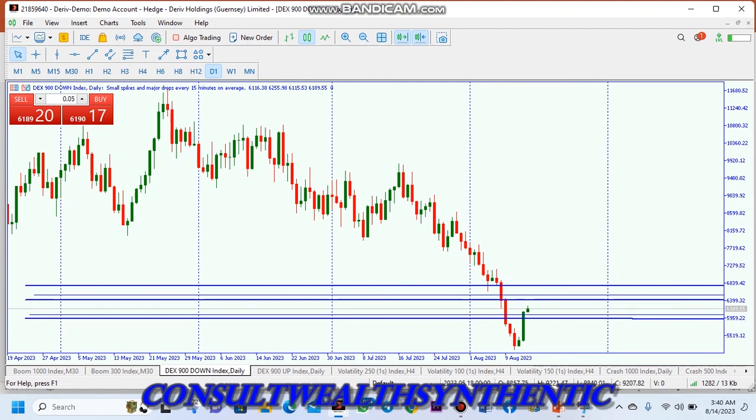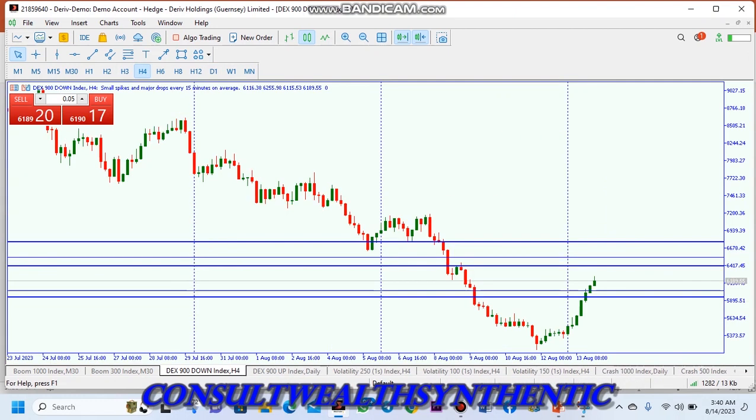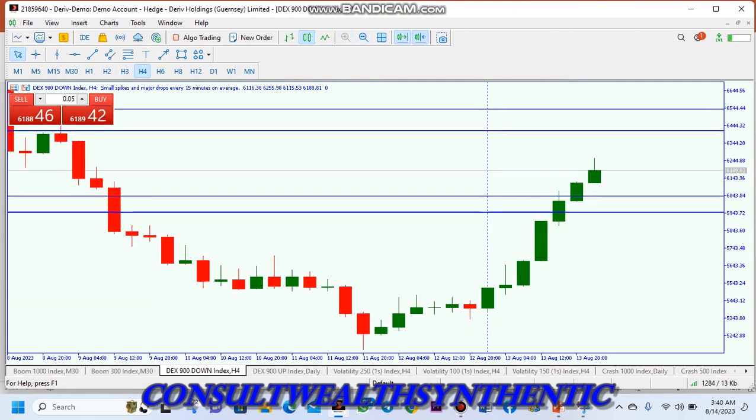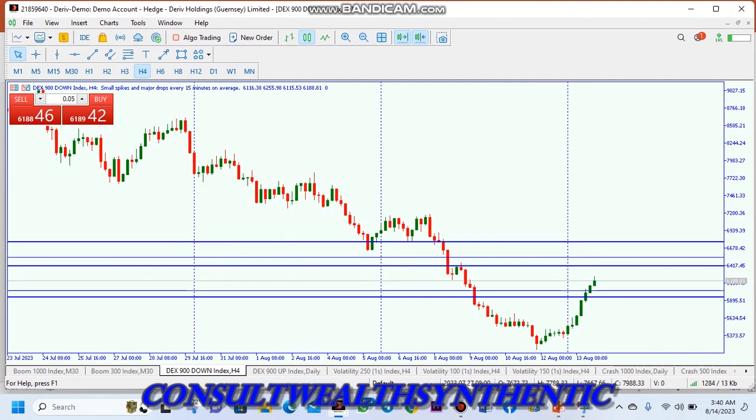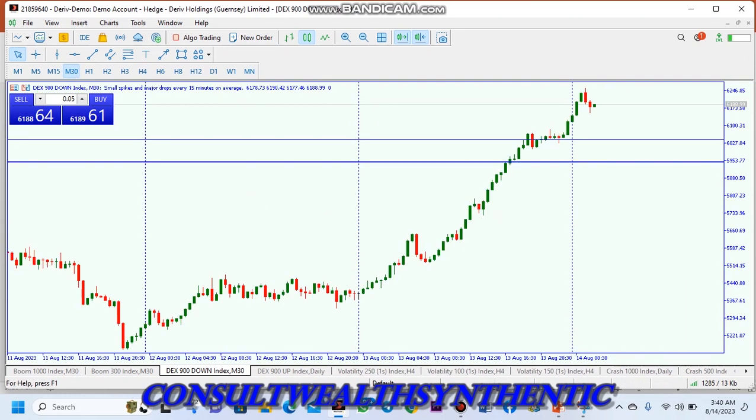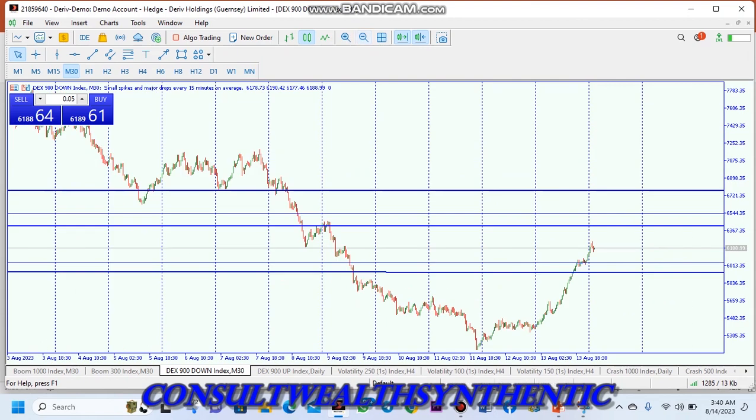So let me come to 4 hours. So we see this happening. So I'll be waiting for a retracement. If I want to buy this, I'll wait for retracement, then impulsive move. So coming to your 30 minute, you see this happening.